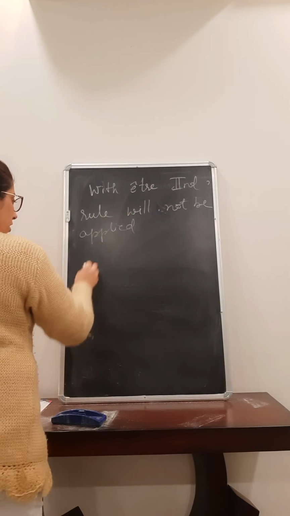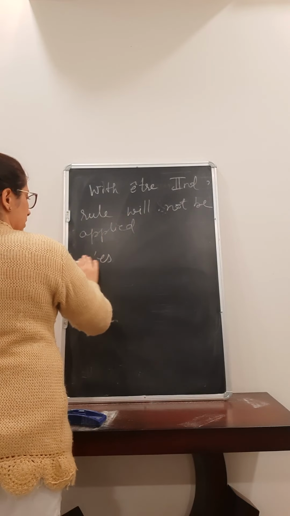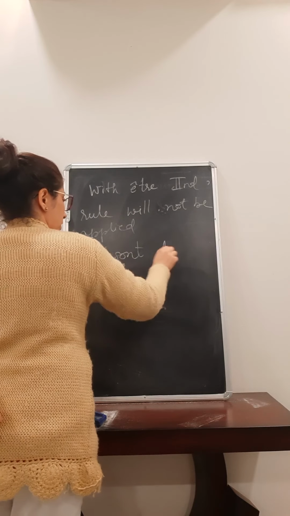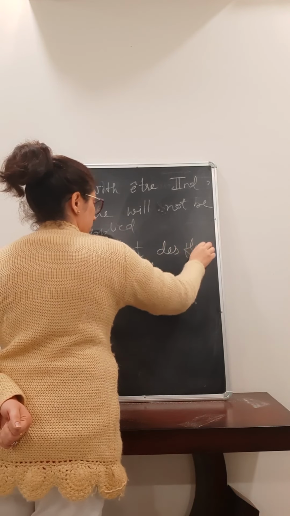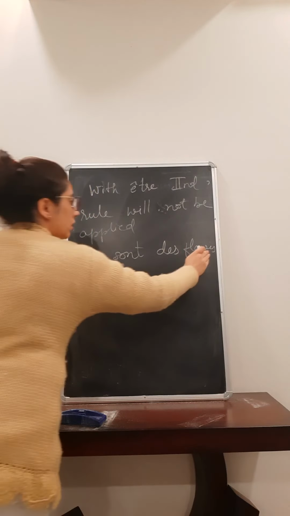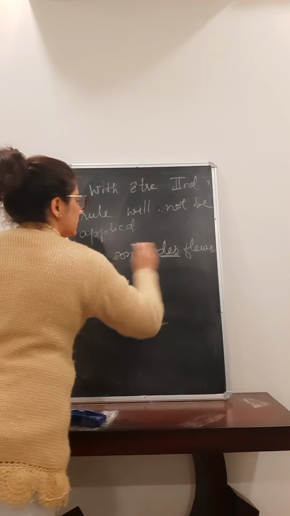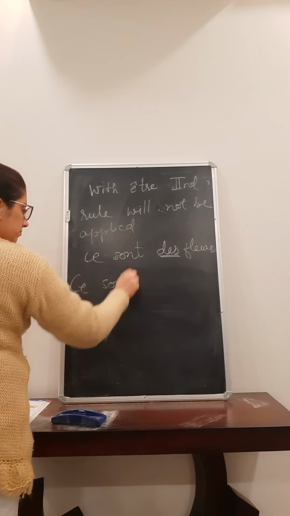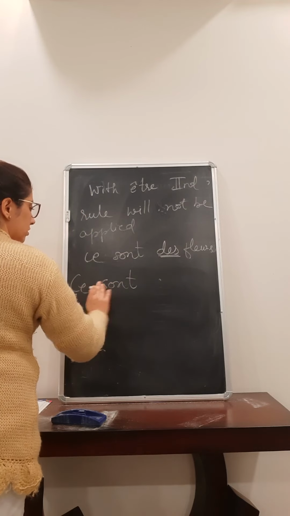Means, if I am saying ce sont des fleurs, these are some flowers, so des is an indefinite article. If I negate it, ce sont becomes ce ne sont pas.